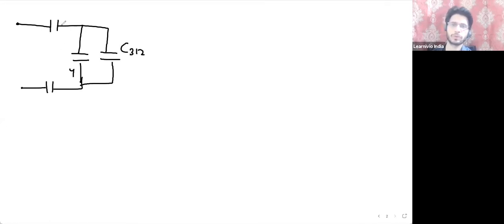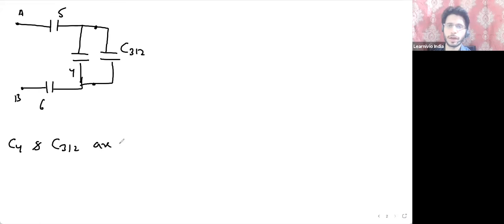This is 4, this is 5, and this is 6. Now, can you find any series or parallel combination? Yes, sir, C4 and C312 are in parallel. Is it clear for everyone? They are end-to-end connected, so I can say that C4 and C312 are in parallel.